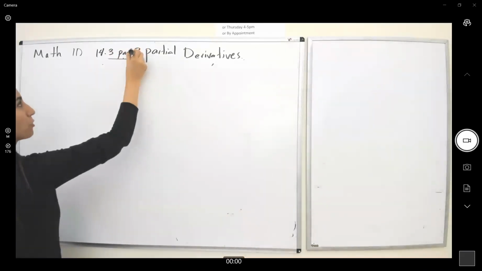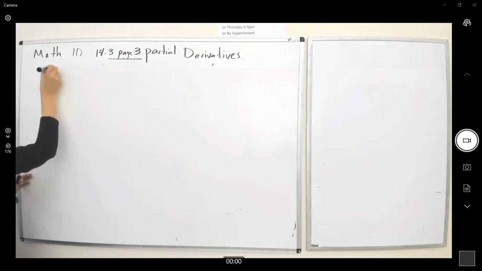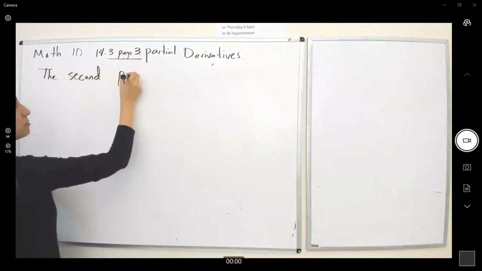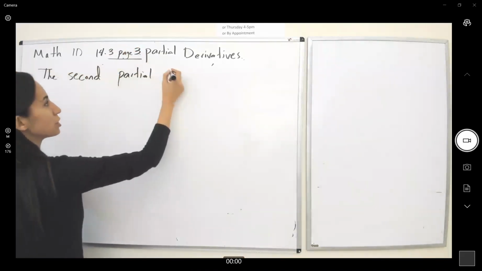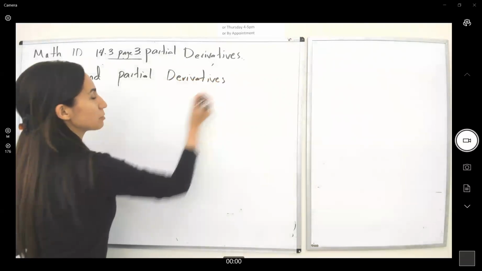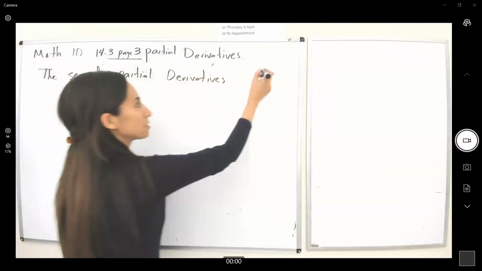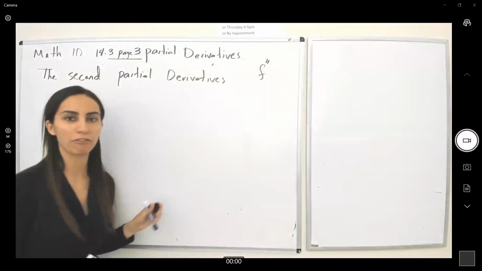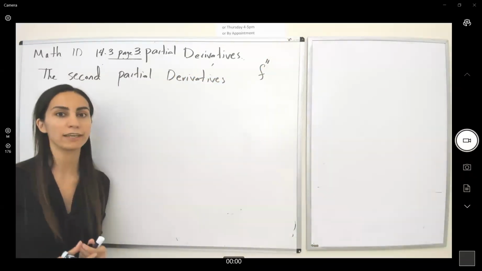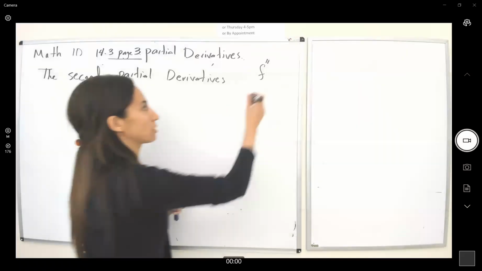So page 3, the second partial derivatives. Remember that it's like taking the second derivative of a function in elementary calculus to understand the concavity of your function. Is it concave up?